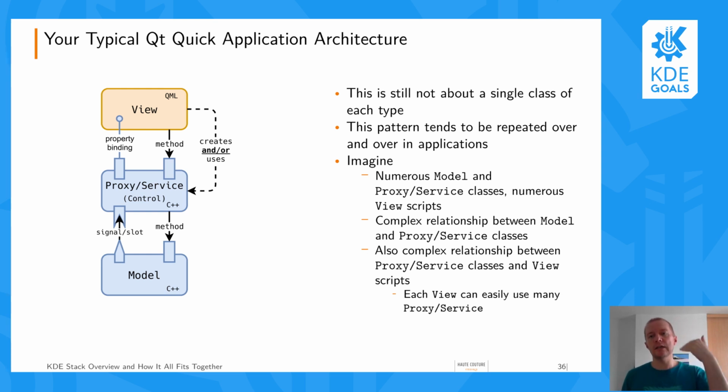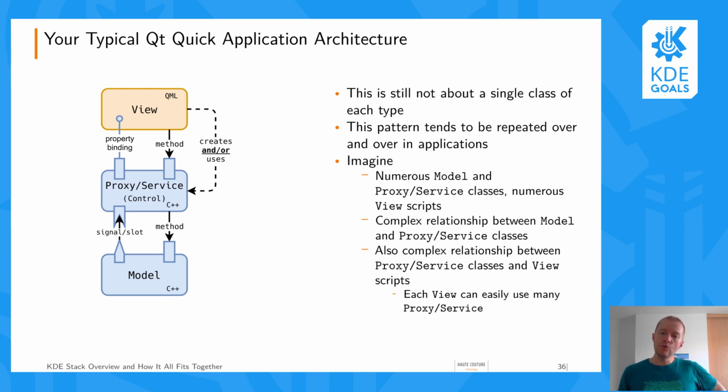And this one then is exposed to QML. And what is exposed is methods from it and property bindings. The view, then, we would write in QML using Qt Quick, and that view would react to changes through the property bindings and might call things on the control part.